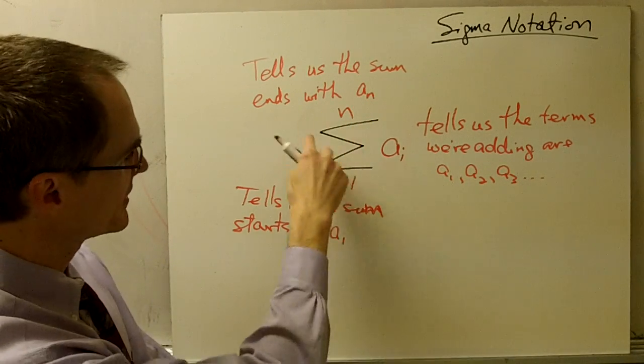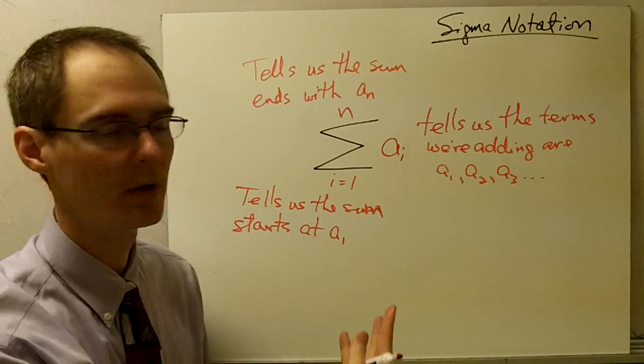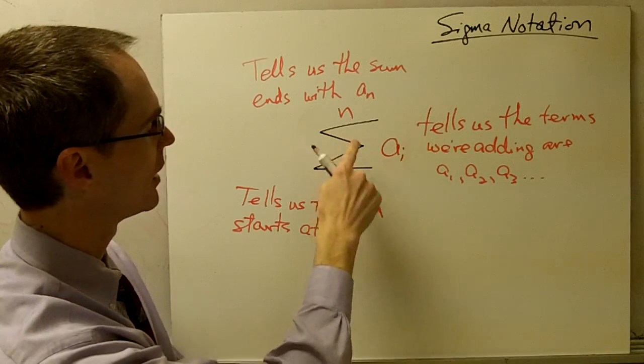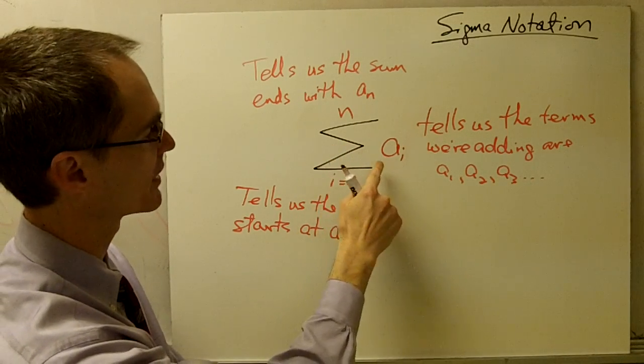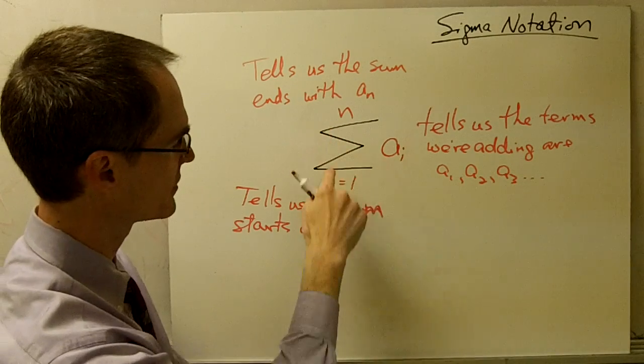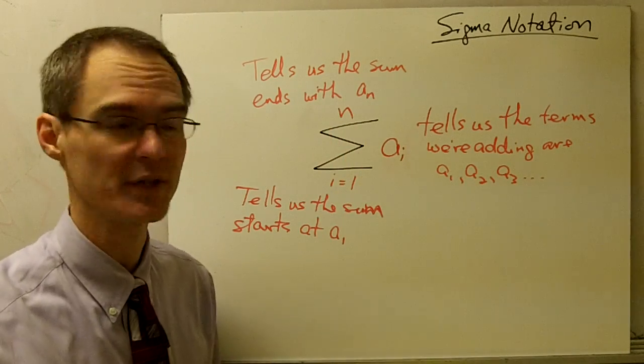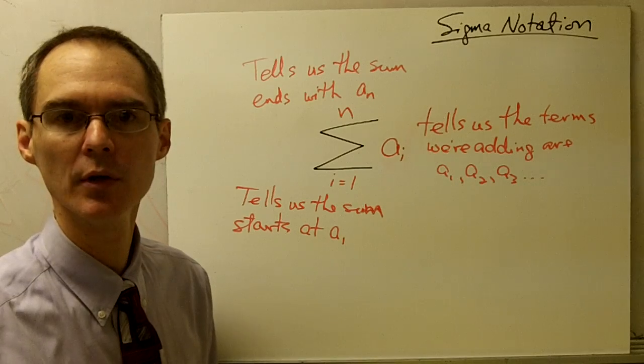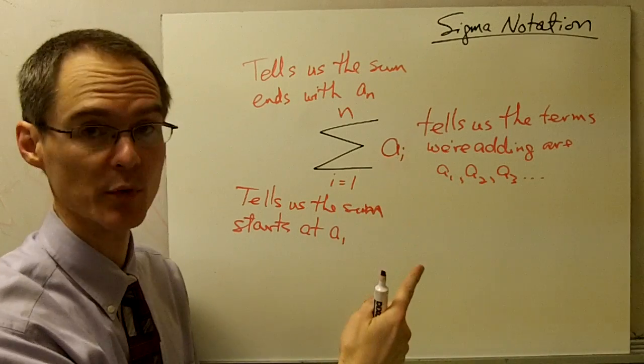So in other words, this is a general way that the notation looks, and we're going to see how each of these three pieces of it are going to look a little different depending on the particular series that we're going to be adding.